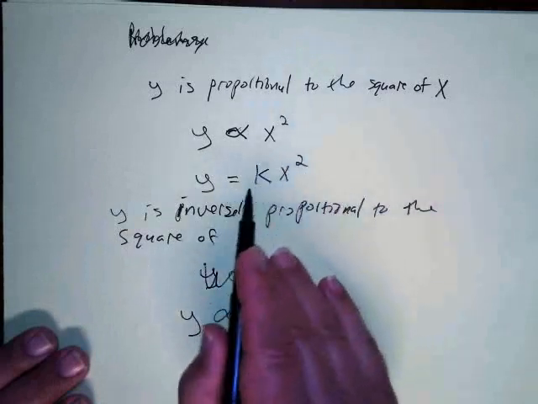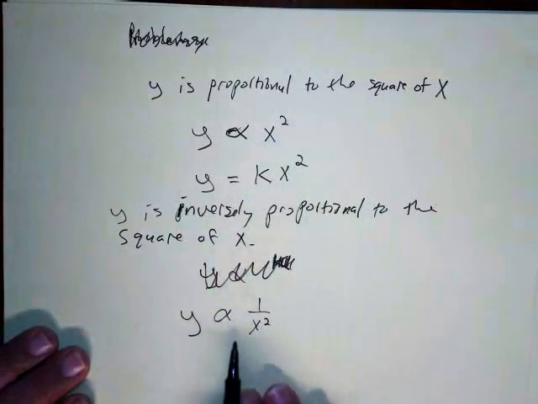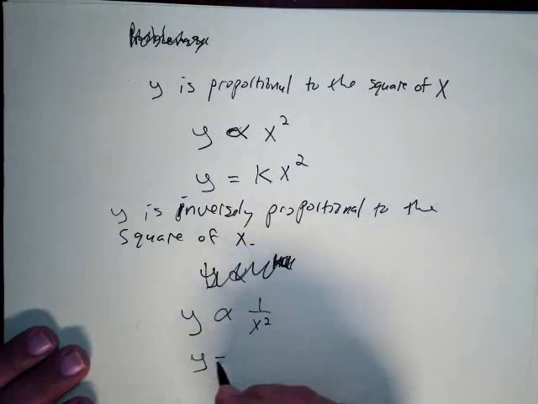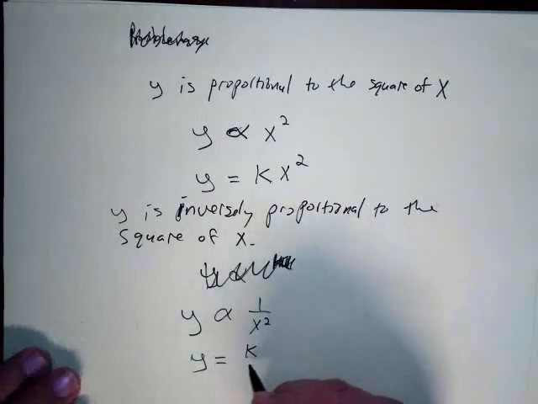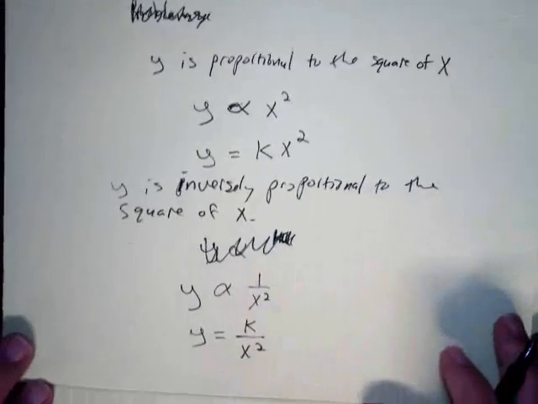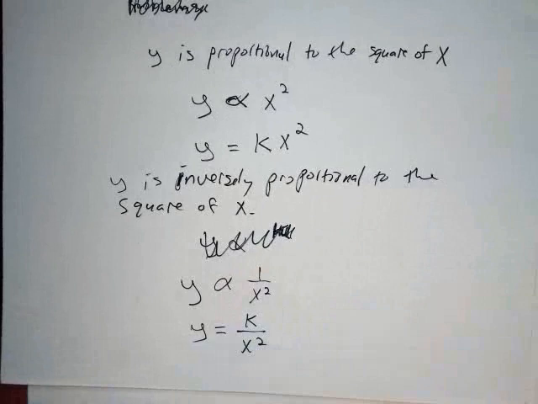So this is directly proportional to the square of X. This is inversely proportional to the square of X. And what we would write here is Y is equal to k over X squared. It's inversely proportional to the square of X.